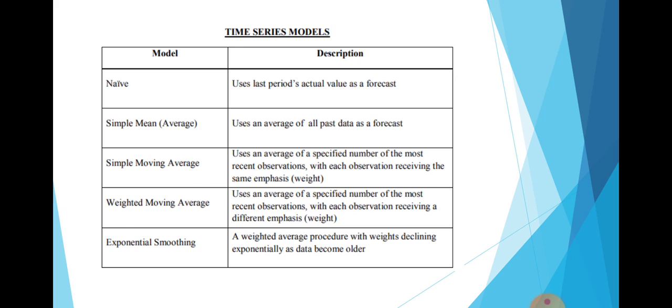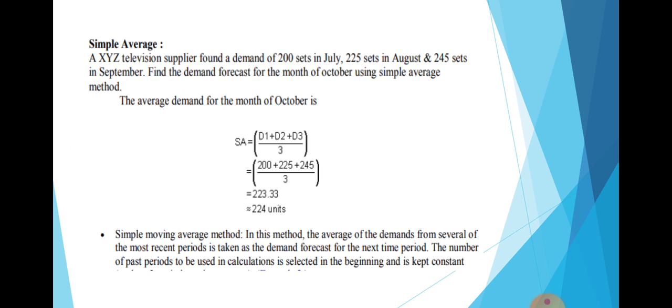These are the time series models which we have already seen: simple average method, simple moving average method, weighted moving average method, and exponential smoothing method. Then we took one example to explain each method. For the simple average method, we took an example of TV sets.